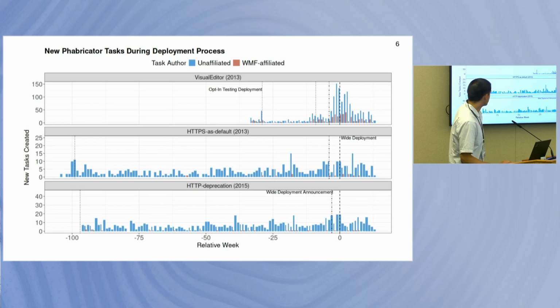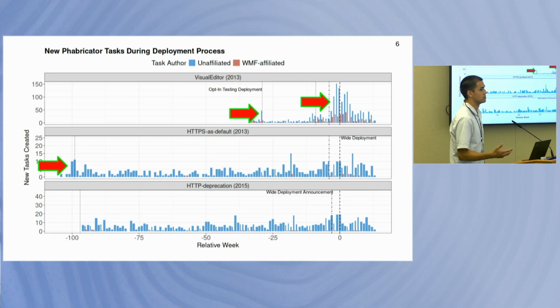And this pattern holds when we look at Phabricator tasks, when we look at the issues or the bugs as well. We see that for opt-in testing as well as opt-out testing, there are a lot of new contributions being created. There is a lot of work being done. And that's regardless of how long the opt-in testing or the feature development process is.